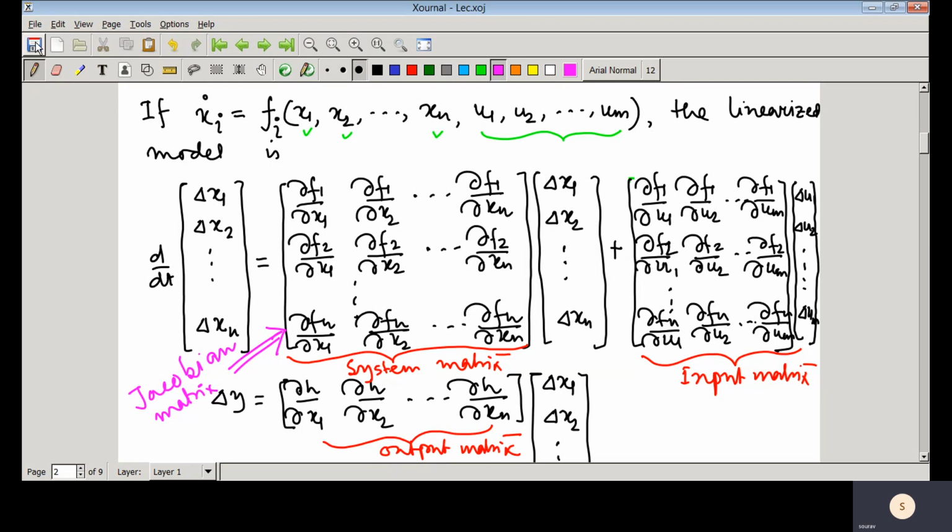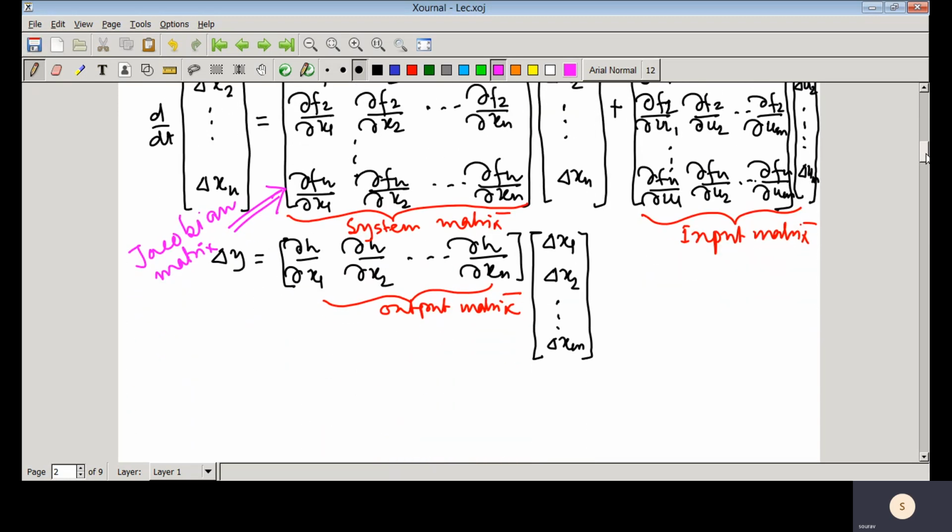We will understand this technique via one example, and it is actually a physical system. Those who will be performing the control and instrumentation lab will be performing this experiment in the lab.